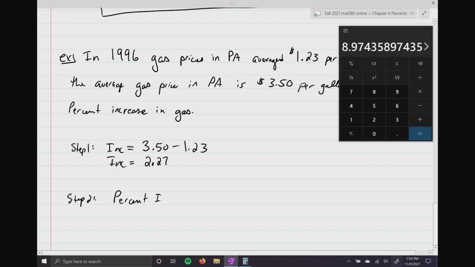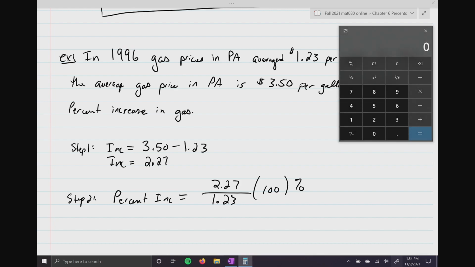Percent increase is going to equal that number, $2.27, divided by the original amount, which is $1.23. And then, like I said, you're going to multiply by 100 and then add your percent symbol. So 2.27 divided by 1.23. Oh, that's ugly.